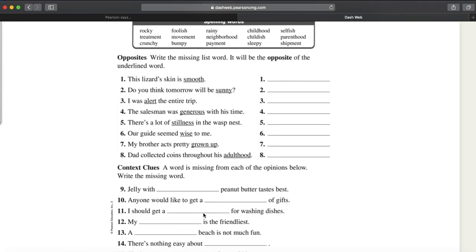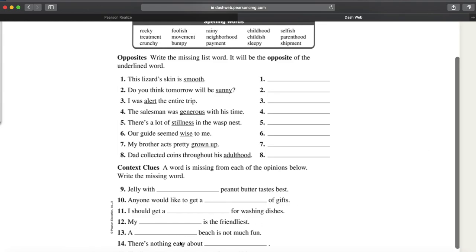A blank beach is not much fun. The beach is where you go and swim. So a rocky beach is not much fun, because if it's full of rocks, how can you enjoy the water, the sea?